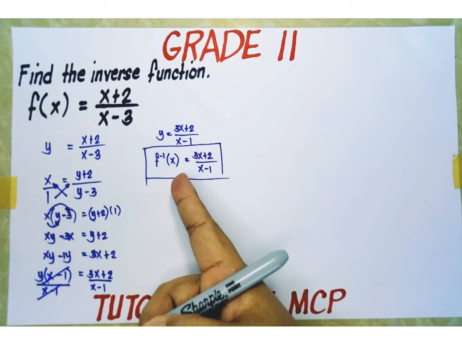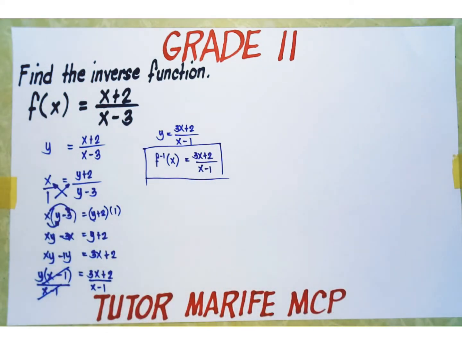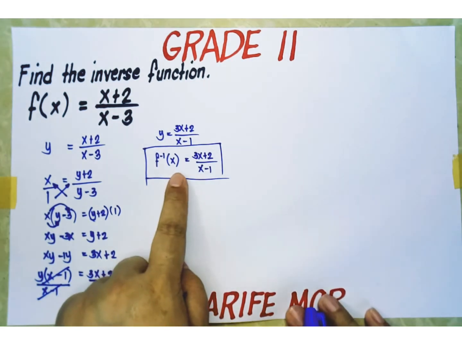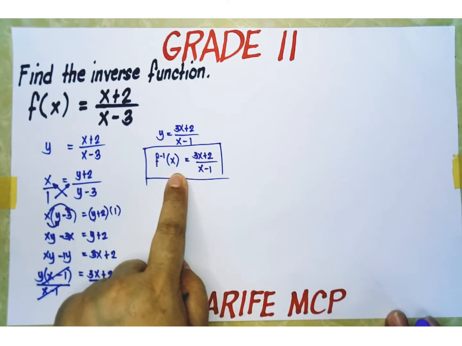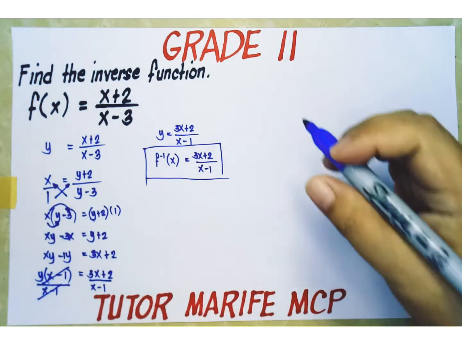This is the inverse function of the given rational function f of x equals (x plus 2) over (x minus 3). Okay, so this time we will verify if this obtained inverse function is correct. So how are we going to validate our answer?